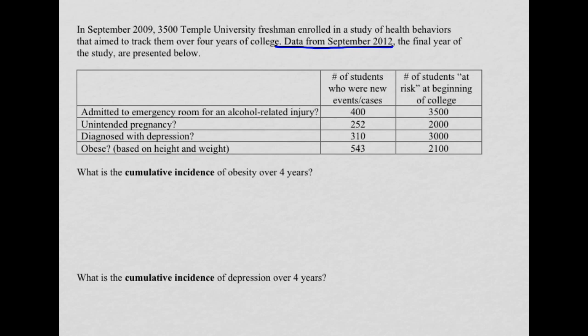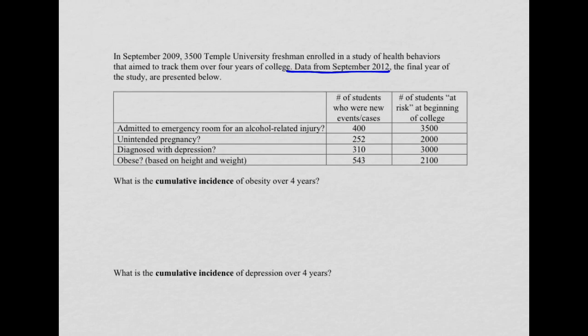So let's again orient ourselves to this table. Like our prevalence question, you'll see that we have a number of questions that the students answered yes or no to. Here our columns are a little different. Our first column is the number of students who were new events or cases.